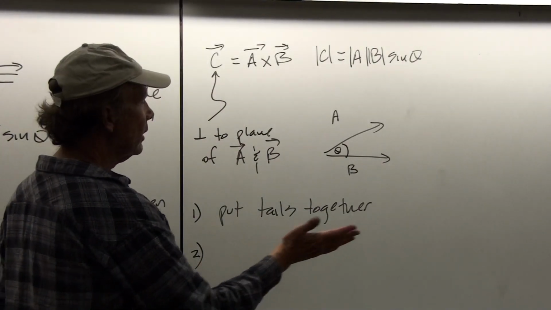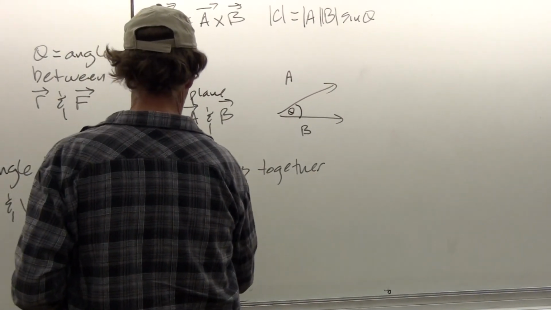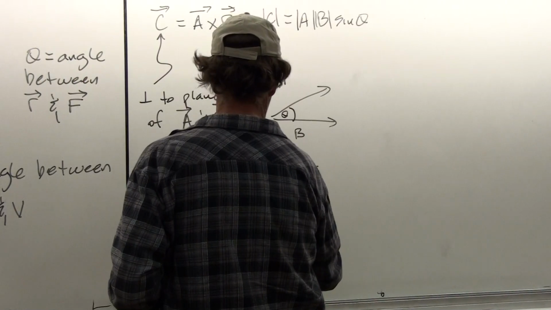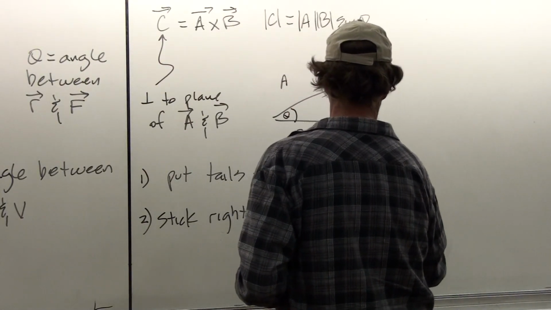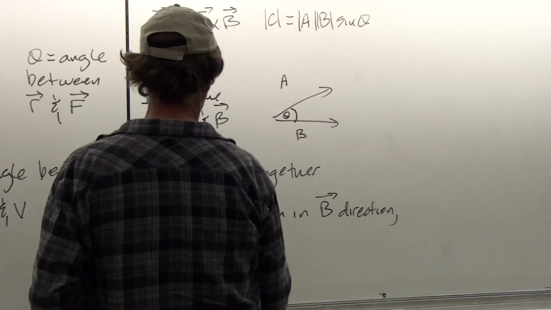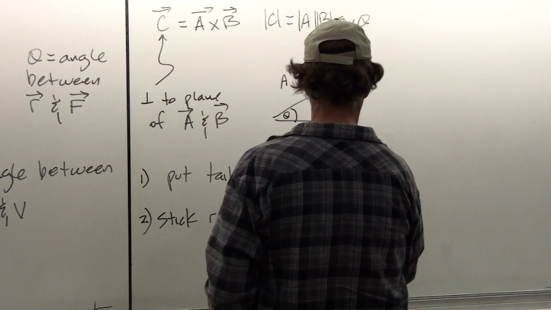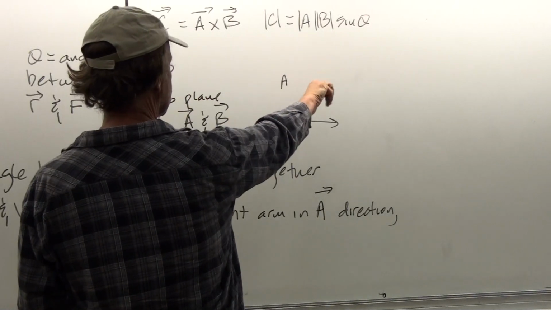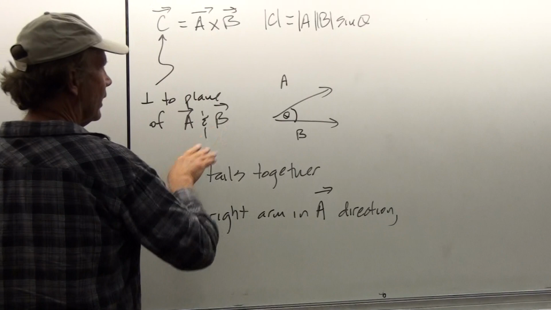Step two, here, pay close attention to this. You stick your right arm in the direction of A, and then curl your fingers in the direction of B. So the first one is the one you stick your arm in the direction of.